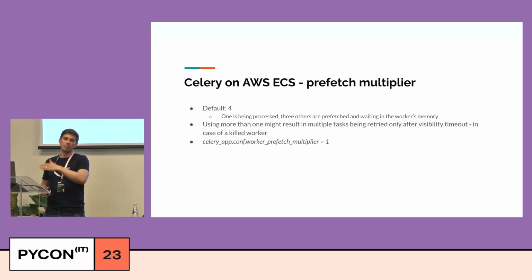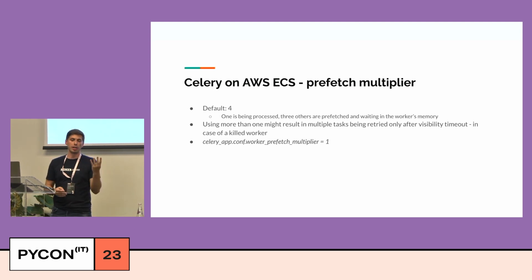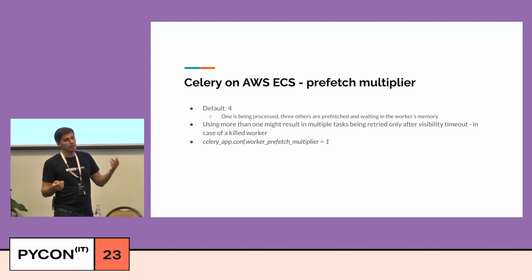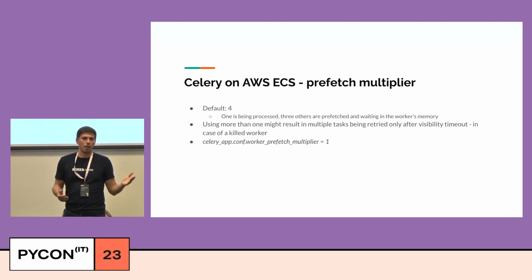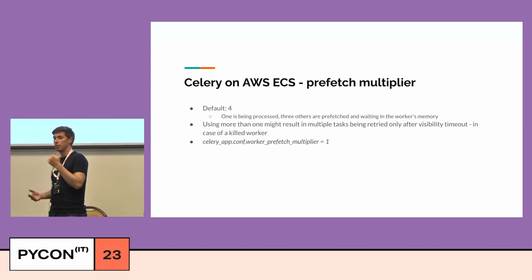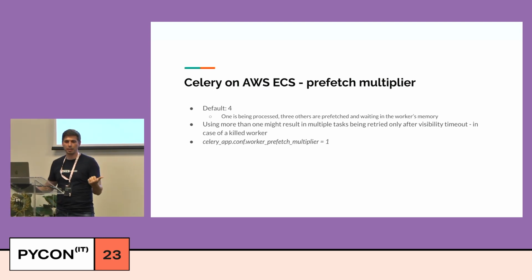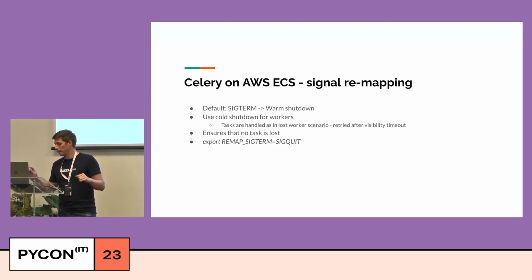But one thing that might happen here is that you will have 4 tasks that will be retried only after visibility timeout, because obviously the worker that is killed during deployment already picked up 4 messages instead of 1. So don't use the default 4, update this to the value 1.